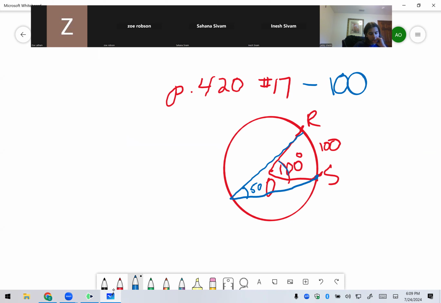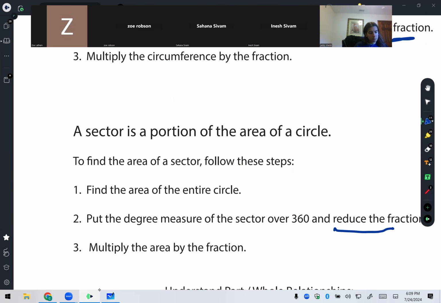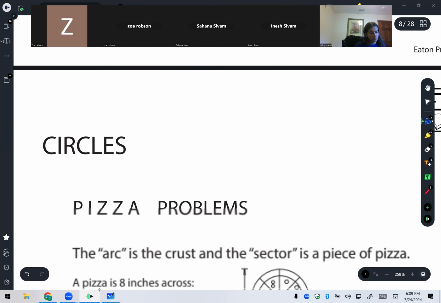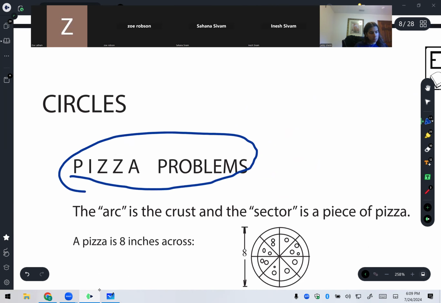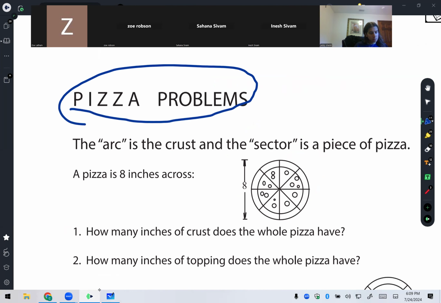Okay, so let's go on to the next page of the packet. These are just to be thorough. These are just pizza problems with some pathetic pizza and pepperoni.